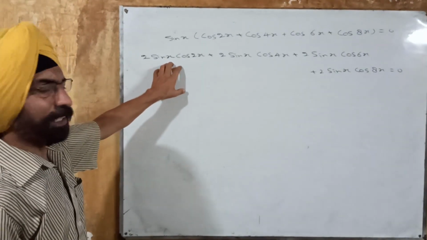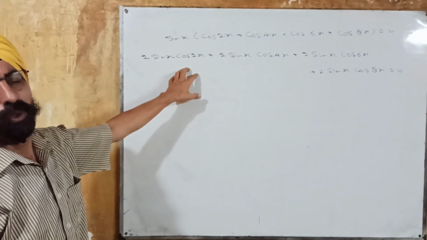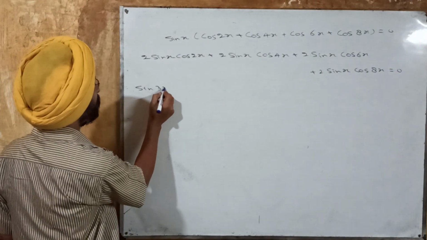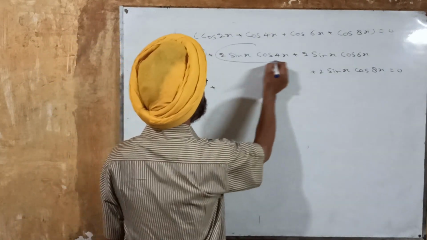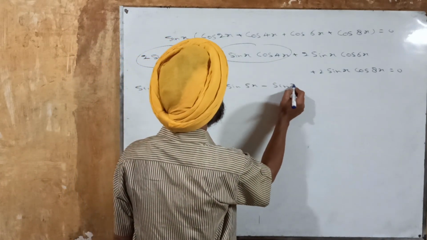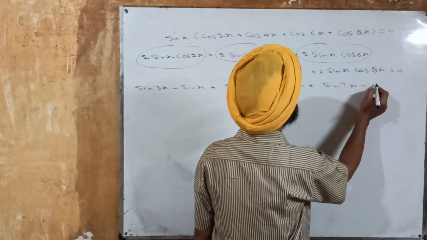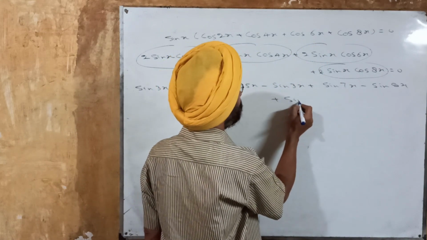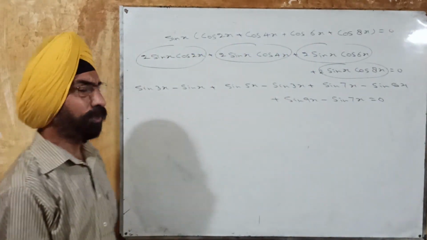This is 2 sin A cos B, or you can say 2 cos A sin B. For 2 cos A sin B, you have sin(A plus B) minus sin(A minus B). So it is sin 3x minus sin x. Now next bracket, in the same way, you will get sin 5x minus sin 3x. The next term you will get as sin 7x minus sin 5x. And the last term, you can write as sin 9x minus sin 7x is equal to 0.